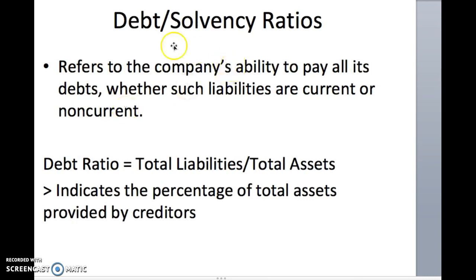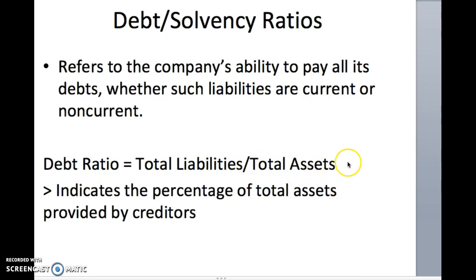Next would be the debt solvency ratios. This would be the third set of your financial ratios. Now, when you say solvency, it means a company's capability to pay all of its liabilities, whether they are current or non-current. So first up would be the debt ratio. The formula is total liabilities divided by total assets.